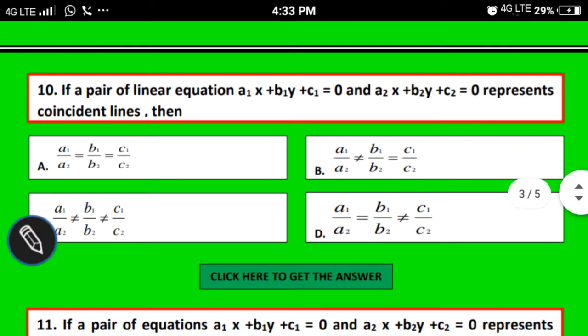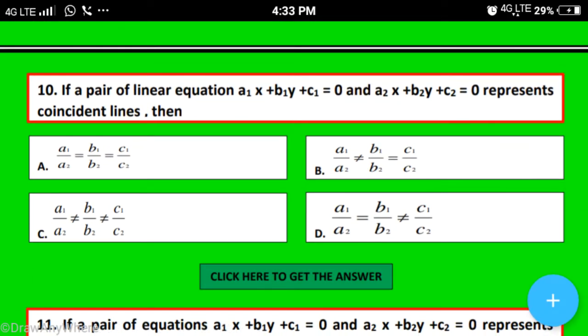Then the 10th one: if the pair of linear equations a1x plus b1y plus c1 equals 0 and a2x plus b2y plus c2 equals 0 represent coincident lines, then the answer is, which is the condition?